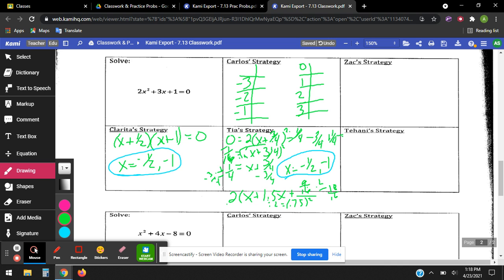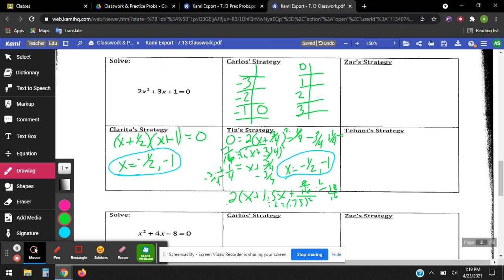All right. So my vertex, oh, we can't really do our vertex because it's not even on there, but we know that negative 1 is 0.